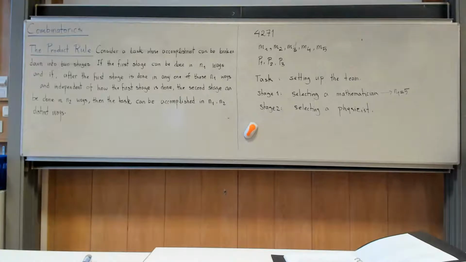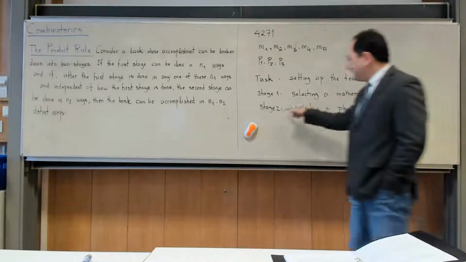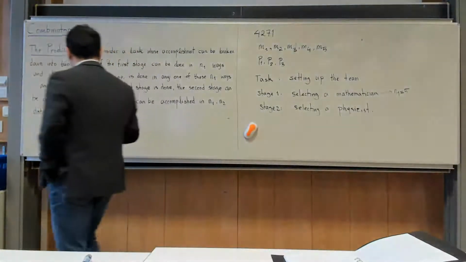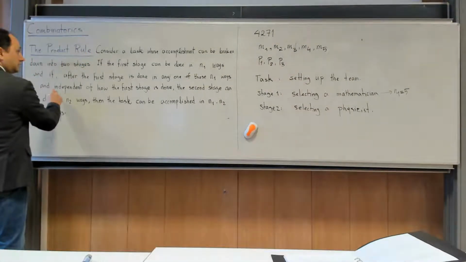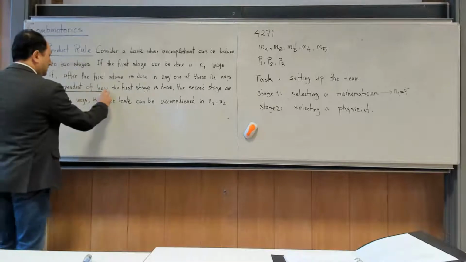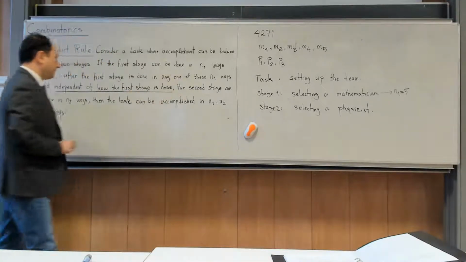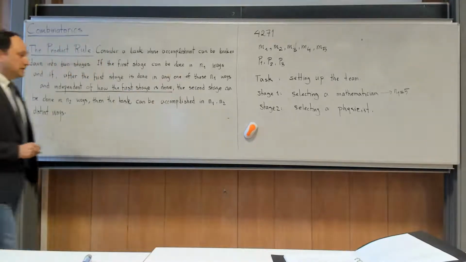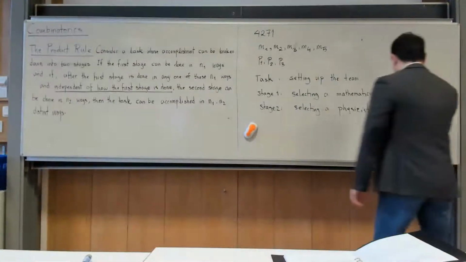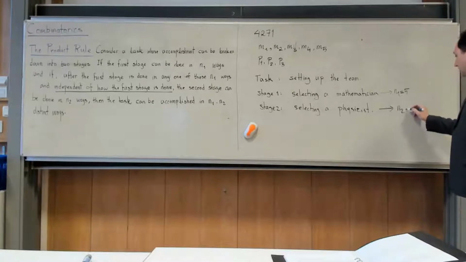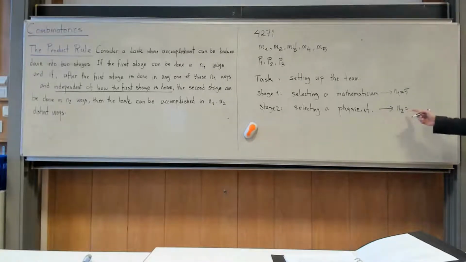Yes? But for the second stage, you have to be careful and respect these set of words here. Okay, so this is very important. So if I ask you, tell me in how many ways can I do the second stage, can you give me a number here? 3, yes? This is important.